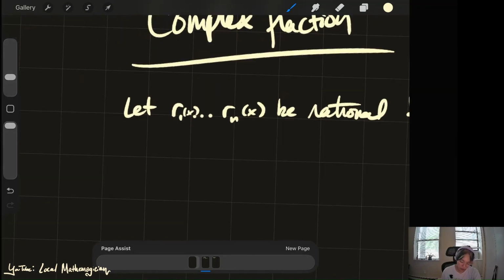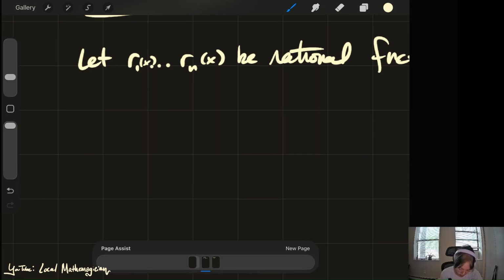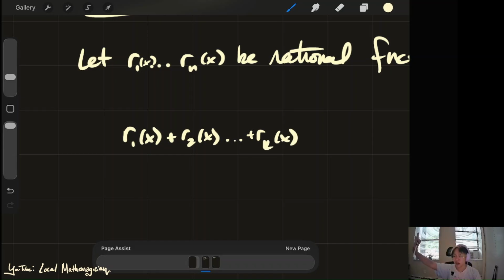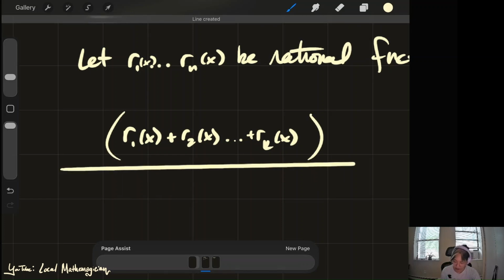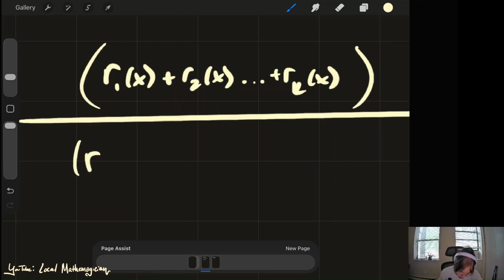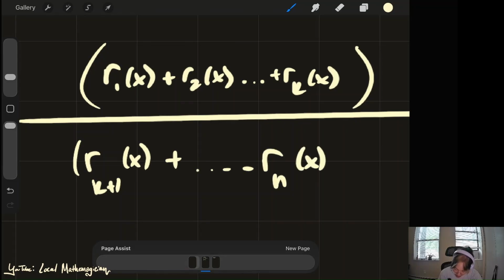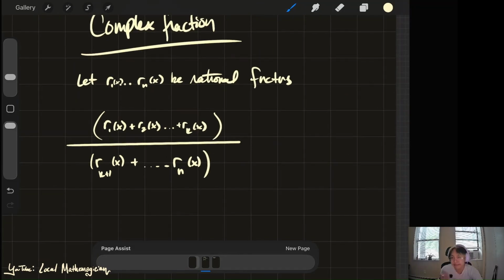A complex fraction is going to be r sub 1 of x plus r sub 2 of x, plus r sub k of x. So it's just going to be a series of rational functions added together, the whole thing divided by r sub k plus 1 of x, plus r sub n of x. That's it. That's what they are.